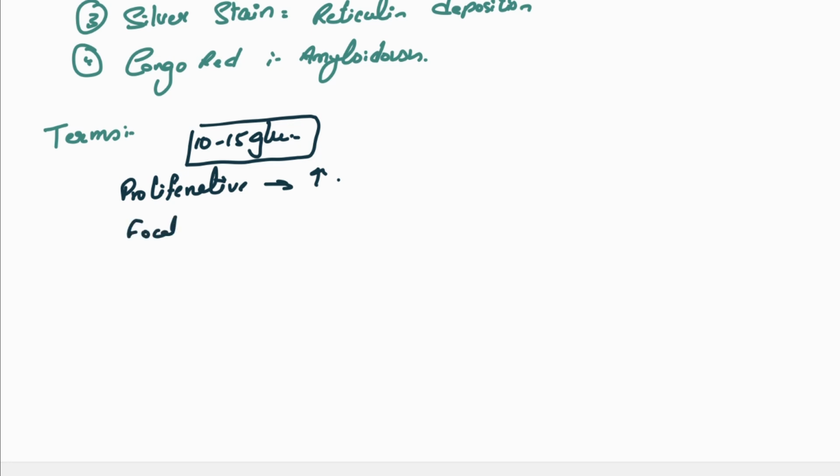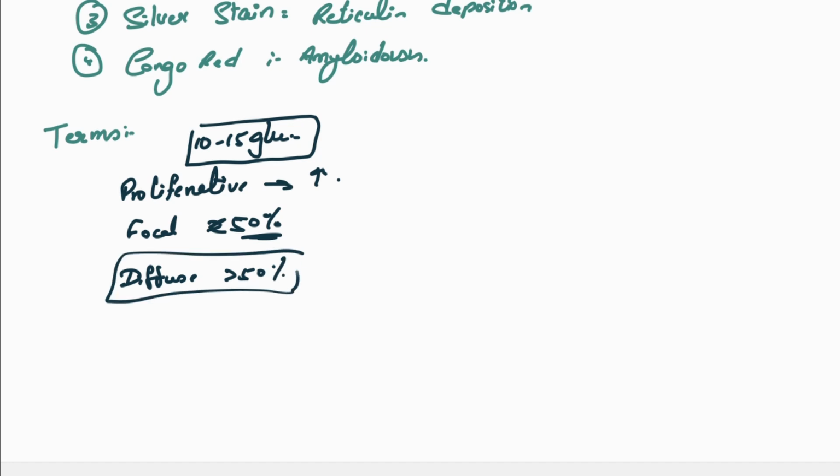Next one is focal. If less than 50% of the glomeruli is affected, it is called focal. Diffuse. If 50% or more than 50% of the glomeruli is getting affected, it is called diffuse type. Segmental. If only a portion of the glomerulus is getting affected, it is called segmental. And the next one is global.